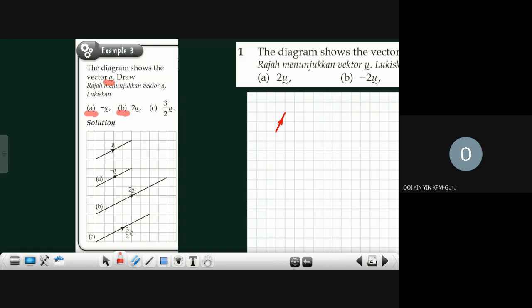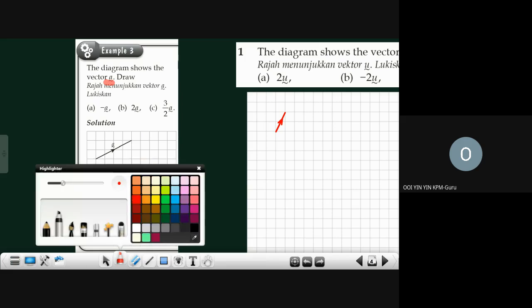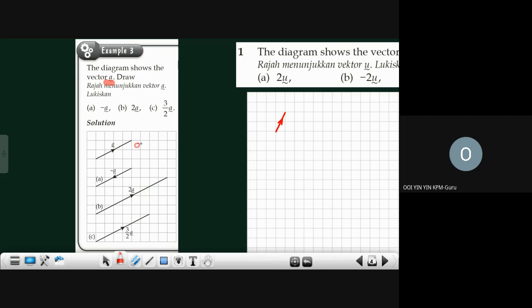Now starting with the first one, they want you to draw the vector of negative A. So the answer is here. Then you see what is the difference with the original vector? This is the original one, which is given in your question.